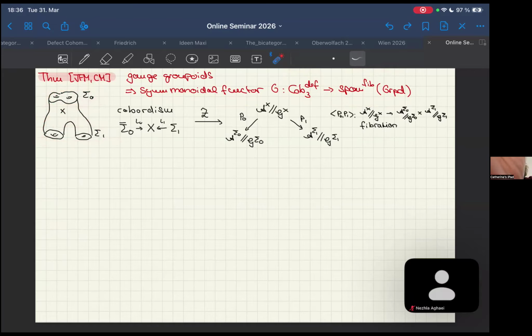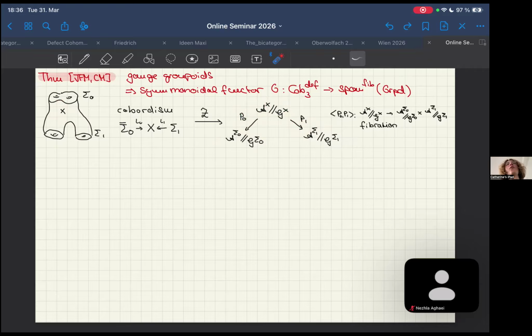What this functor does is it assigns a gauge groupoid to the boundary components, the surfaces sigma 0 and sigma 1, and it assigns a gauge groupoid to X. And this comes together with functors from the gauge groupoid for X into the boundary gauge groupoids for both boundaries.